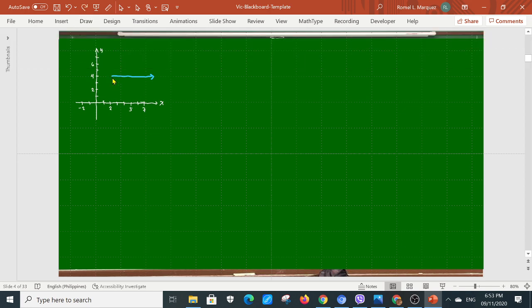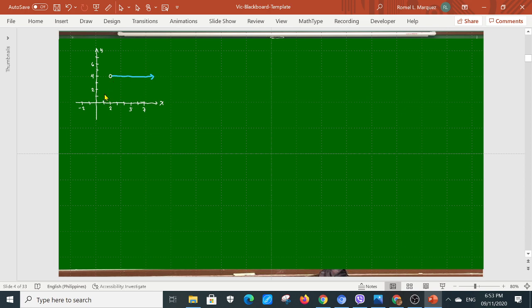There is a hole there. And then y equals 2x, so meaning less than 2. When x is 2, 2 times 2 is 4, but still not included, so open.